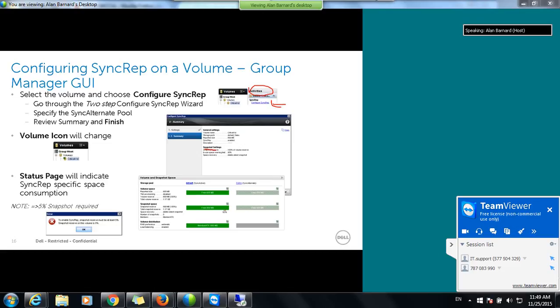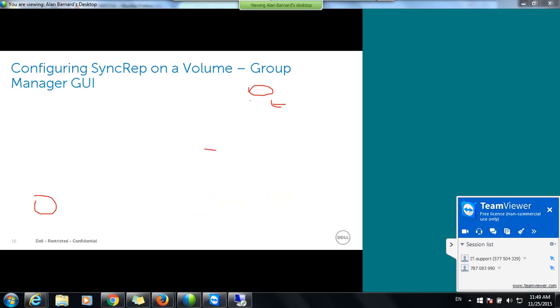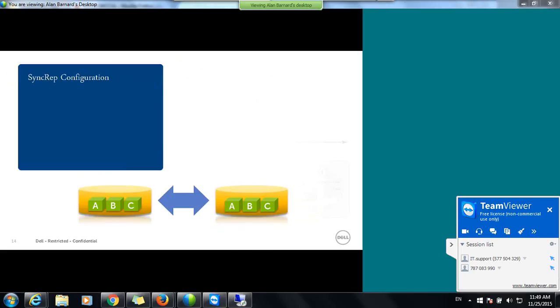Now, where do we configure the 5% snapshot? We configure it on the original volume because the snapshot only applies on the sync active. If we're looking at here, where is it?